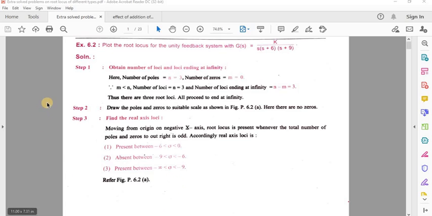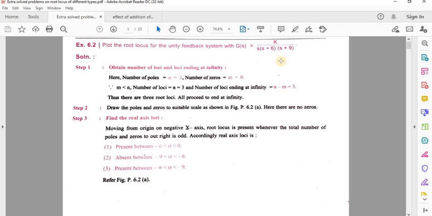So this problem number 6.2 is a simple problem which has three poles: 0, -6 and -9. The first step is to obtain the number of loci and loci ending at infinity. To find the number of loci we need to see which is greater, the poles or zeros.